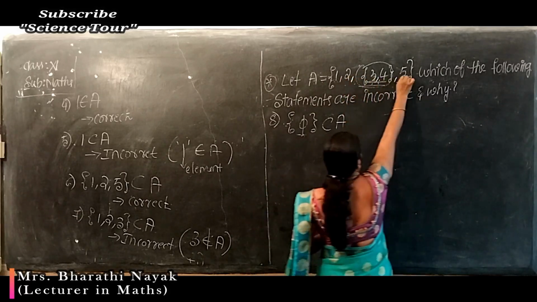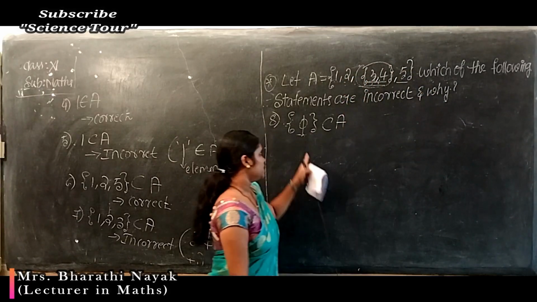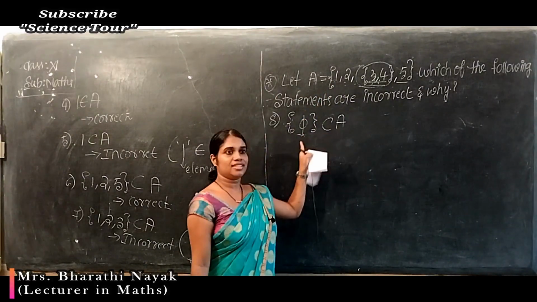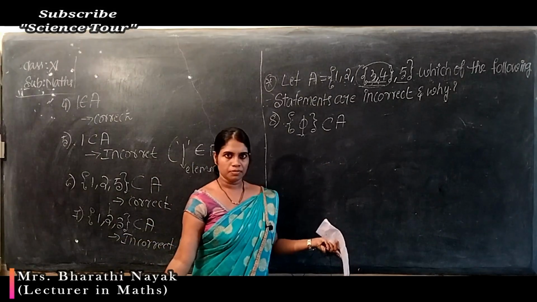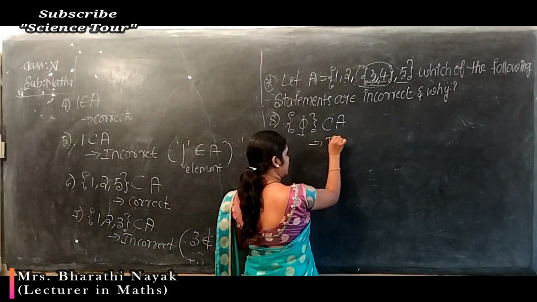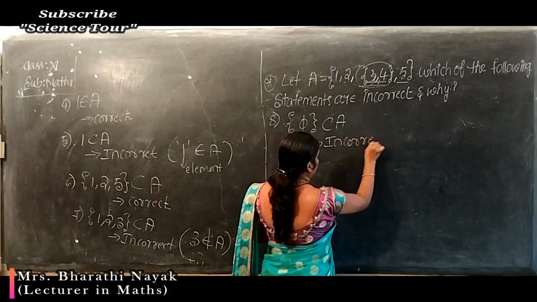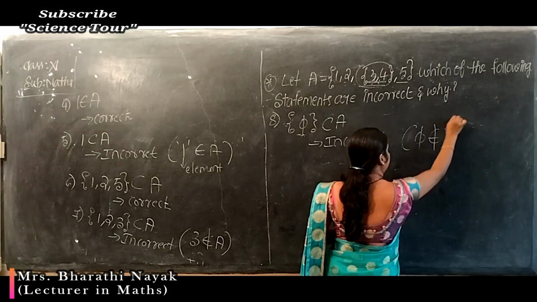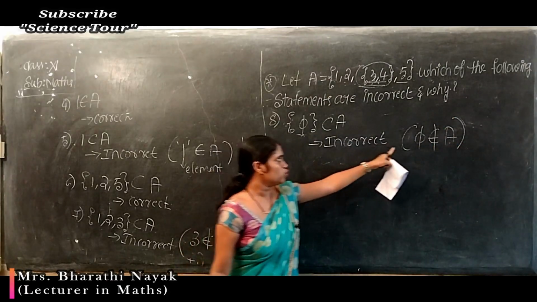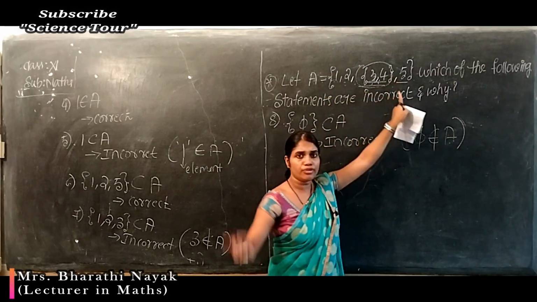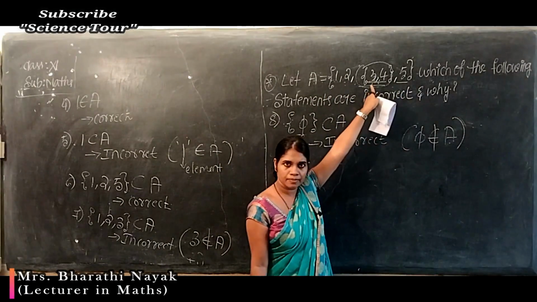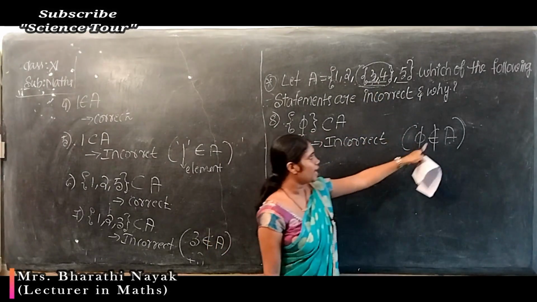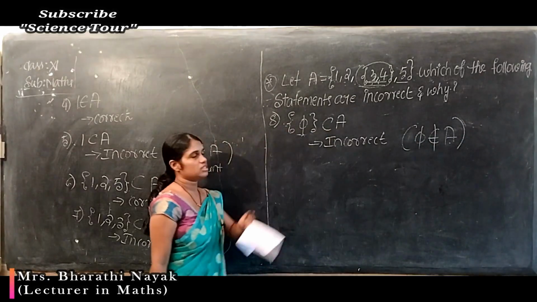No. Do you have your empty set? Not there, isn't it? So since the empty set is not an element of this set A, the set containing this empty set is not a subset. Understood, no? So therefore this is incorrect. Why is it incorrect? Since the empty set is not an element of the set A. Because do you have your empty set? 1, 2, 3, 4, only 4 elements are there. Do you have this symbol here? Not there, isn't it? So therefore you can say that this is not an element of A. So therefore this is incorrect.